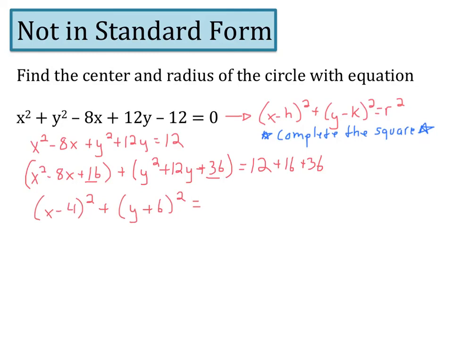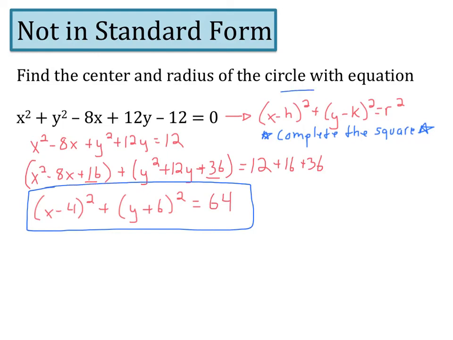Then on the right side I have 12 plus 16 plus 36. 12 plus 16 is 28, plus 36 is 64. So we've gotten very close to our goal. Here's our equation for the circle, and this is what we wanted it to look like.